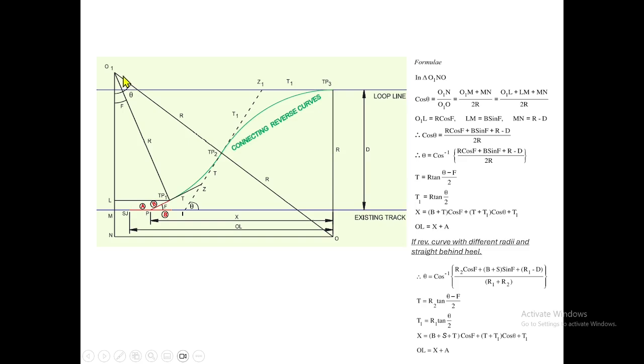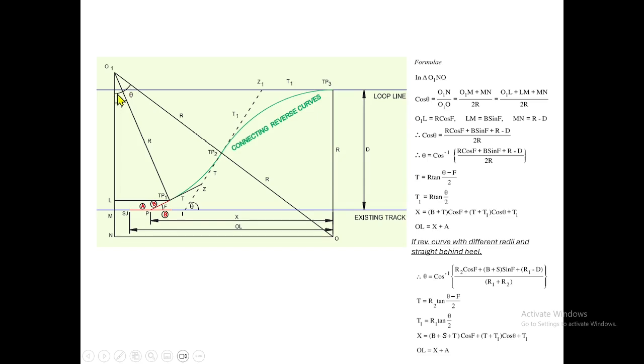This will be in a straight line because it is going through the common tangent point. Okay. So in this triangle O1 N O, let us take this as theta.